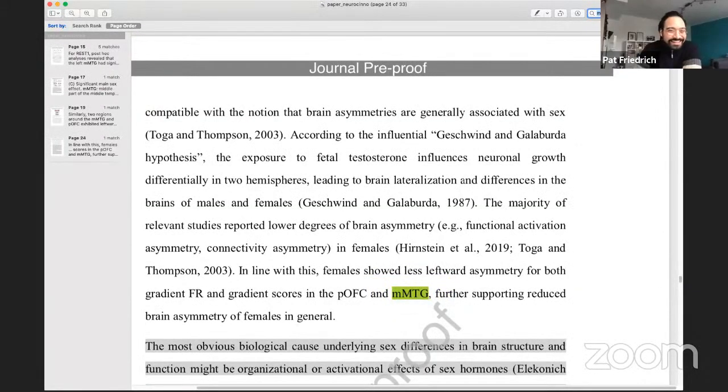Well, for me as an asymmetry researcher, I find it interesting to look at those things, because the gradient itself, or the idea of representing functional areas not as distinct parcellated regions, but in an approach that is capable of showing relations between these regions.